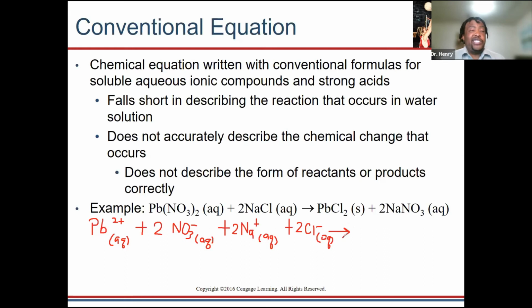Okay, so anything that's a solid or a gas or a liquid isn't going to dissociate. It's going to be stuck together, right? Because the solid doesn't break up into its ionic components. It stays together. So here, the lead 2 chloride is going to remain together.